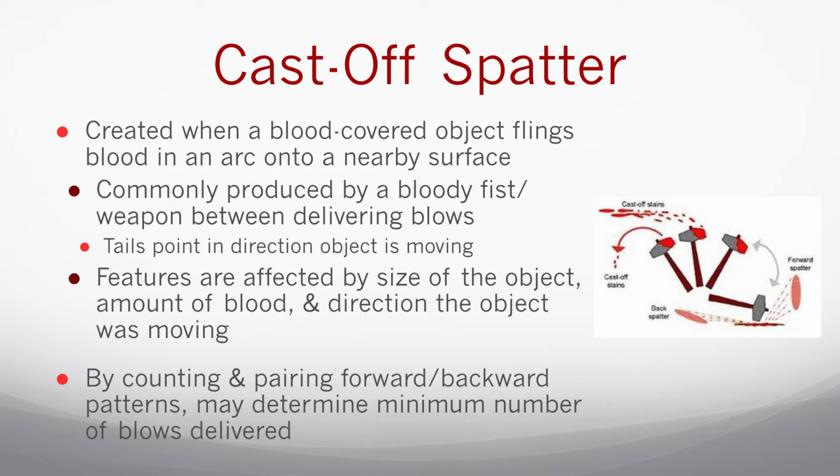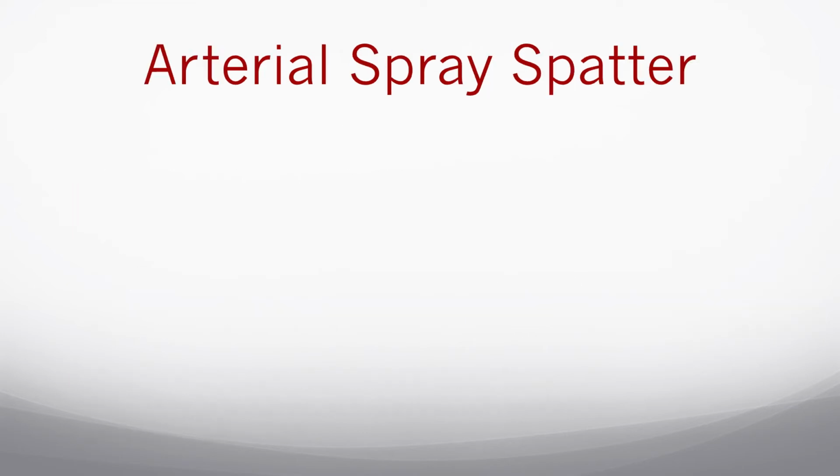Smaller objects make smaller linear lines. Larger objects produce wider patterns. Volume of blood on the object also affects the size and the number of droplets. And then investigators have to keep in mind that the first blow will only produce pooling, not cast-off, because there's no source there yet.